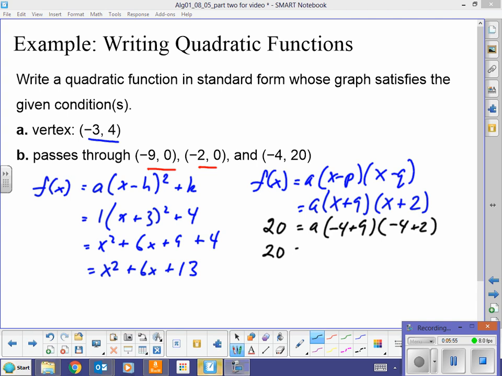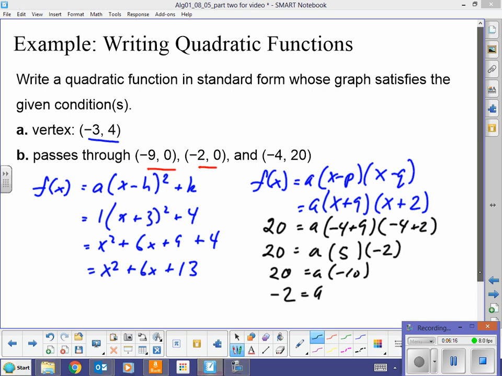So 20 equals a. Negative 4 plus 9 is 5. Negative 4 plus 2 is negative 2. So 20 equals a times negative 10. So a equals negative 2.